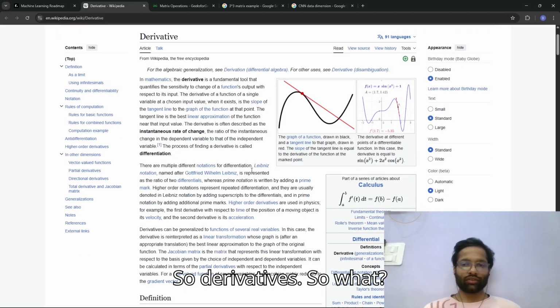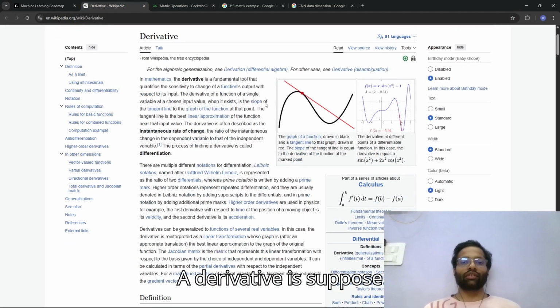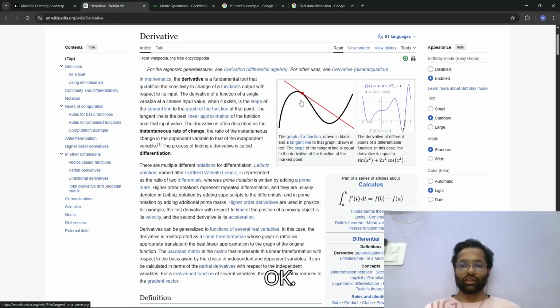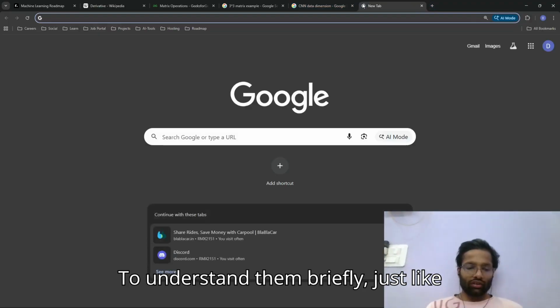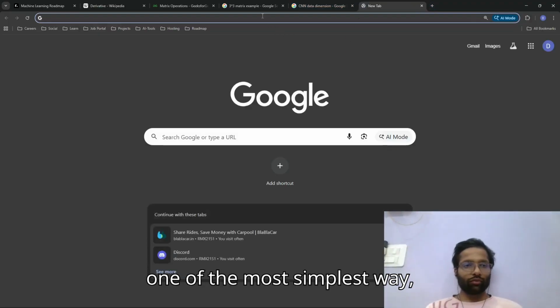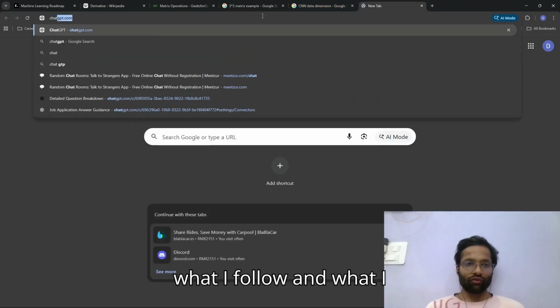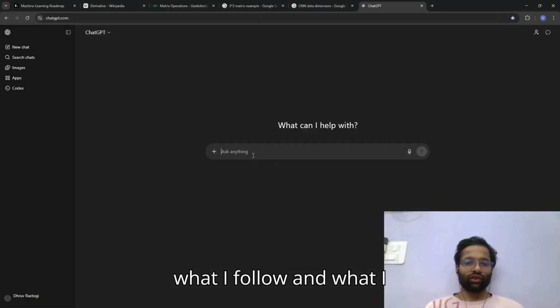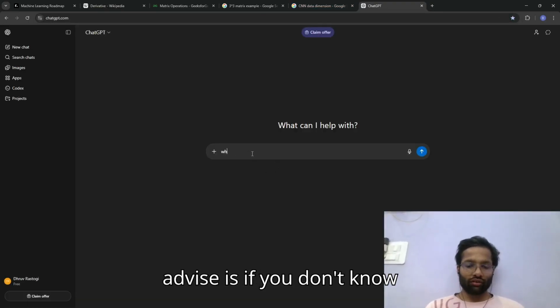So derivatives. What is a derivative? To understand that briefly, one of the simplest ways I follow and advise is to go to ChatGPT if you don't know about anything.